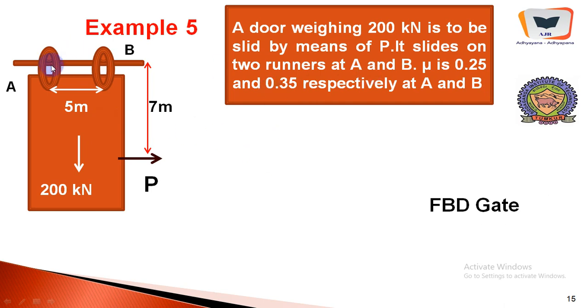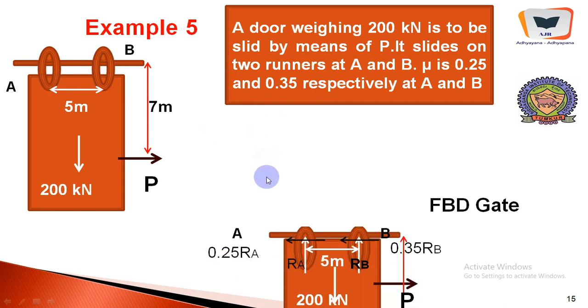Two runners at A and B, this is A and this is B. Mu is 0.25 and 0.35 respectively at A and B. Here the friction between this rotating wheel and this rack is 0.25, and between this wheel and the rack is 0.35, at A and B respectively.